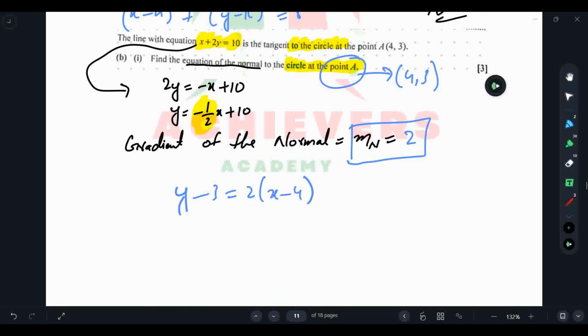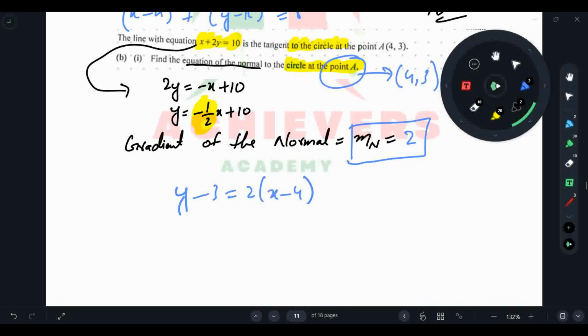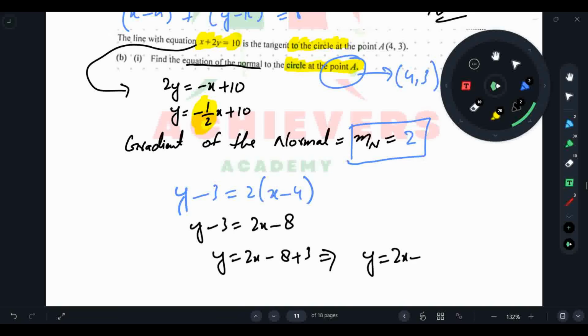Now if we simplify it, we will get y minus 3 is equals to 2x minus 8. So y will be equals to 2x minus 8 plus 3. So finally we will have y is equals to 2x minus 5. This will be the final answer. Now let's move to the next part.